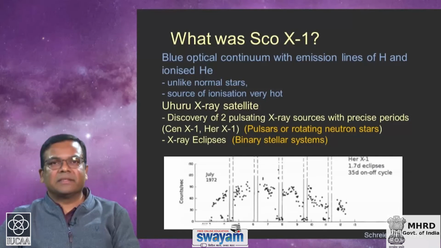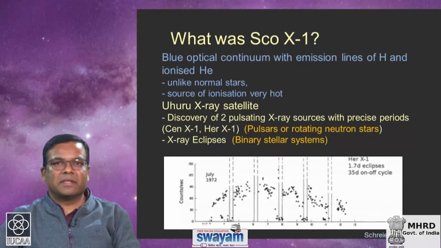What was this first X-ray source, Sco X-1? It was a very strange source because none of the other stars had this much X-ray radiation. The optical spectrum of Sco X-1 had a blue optical continuum with emission lines of hydrogen and ionized helium.